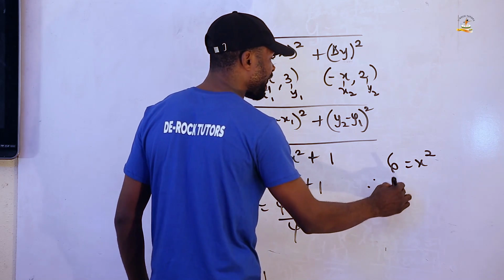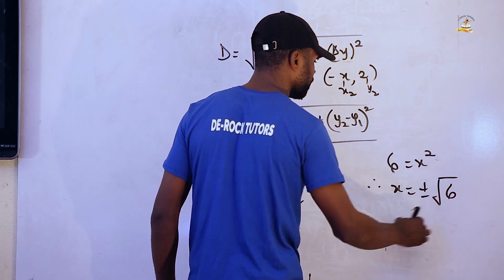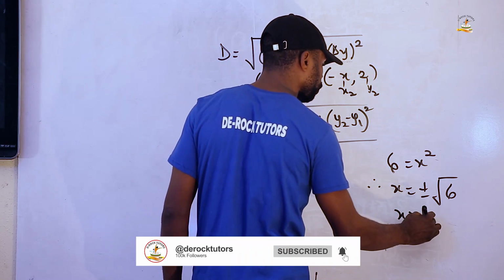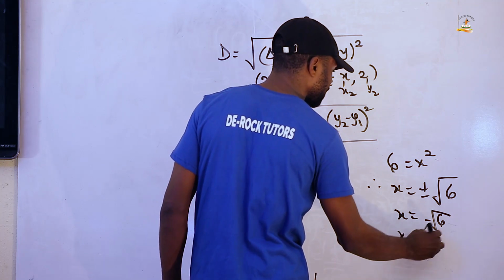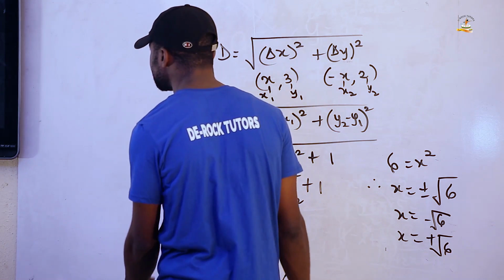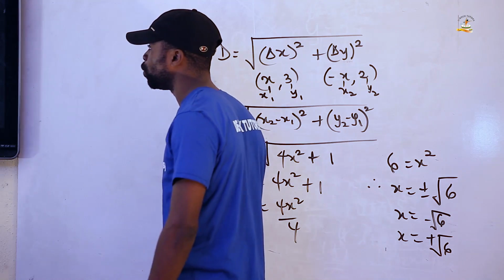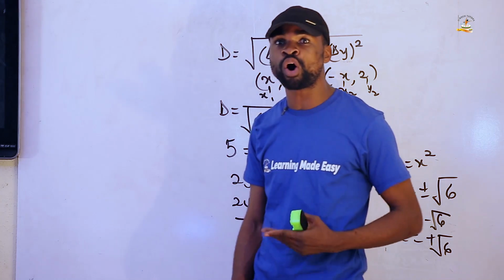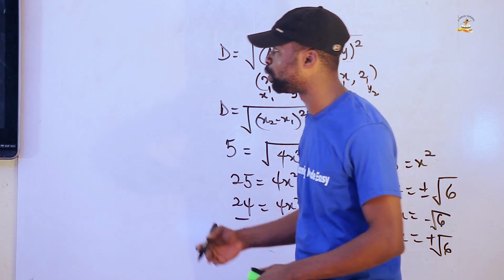Therefore, x is equal to plus or minus square root of 6, so x can be minus square root of 6, and x can also be plus square root of 6. But since there is no minus square root of 6 in the options, we pick plus square root of 6 as the correct option, and that is option C.